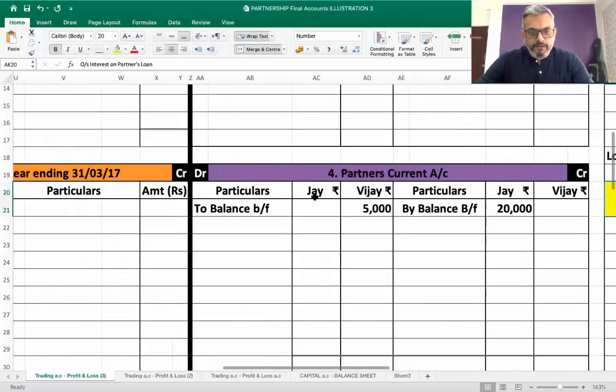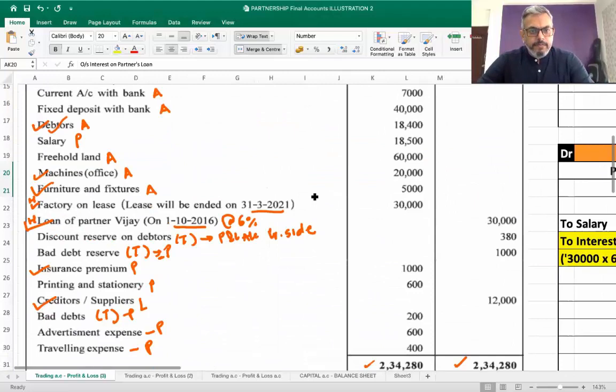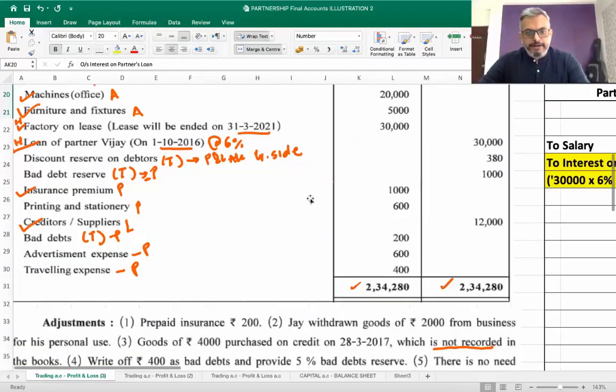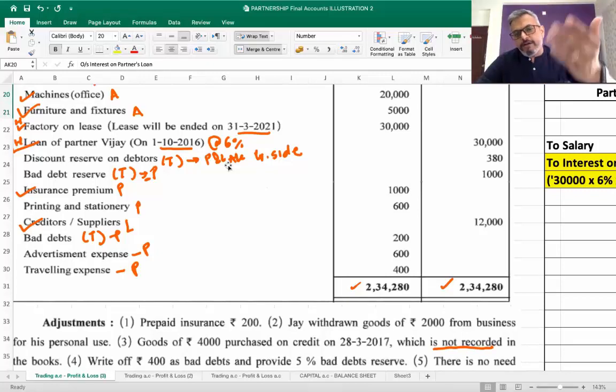Okay, let's proceed. Discount reserve on debtor. Now profit and loss account credit side, because it is no longer required. So whenever we create a reserve, entries profit and loss account debit to reserve account credit. Whenever we don't need it, we reverse it. तो अब reserve account debit हो जाएगा and profit and loss account हो जाएगा credit.